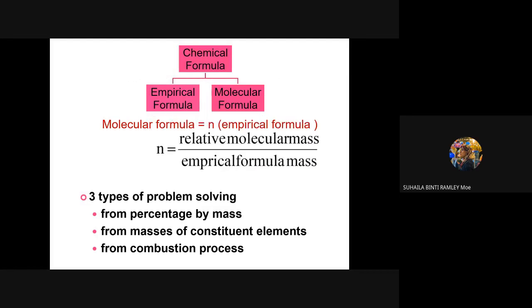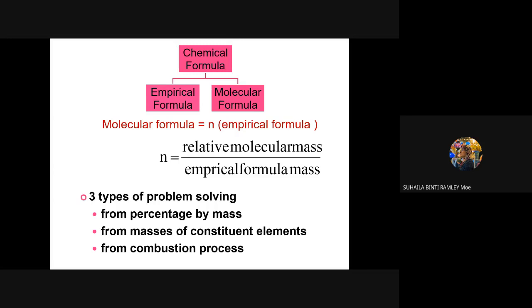Chemical formula, so empirical and molecular formula. The relation between molecular and empirical formula: first we need to calculate the empirical formula, then to get the molecular formula we use this relation. So calculate for N. N equals relative molecular mass, which will be given in the question, divided by the empirical formula mass.